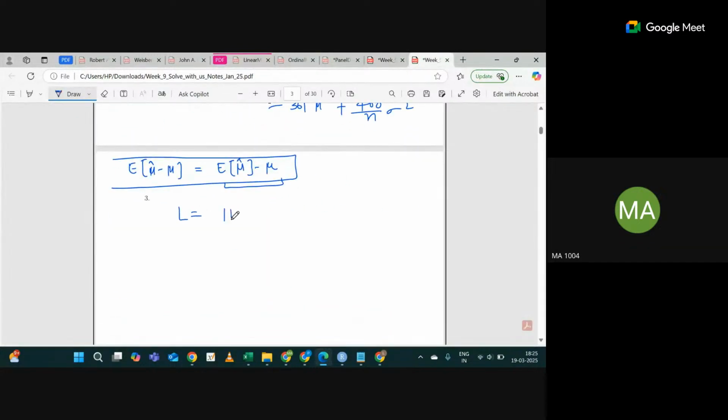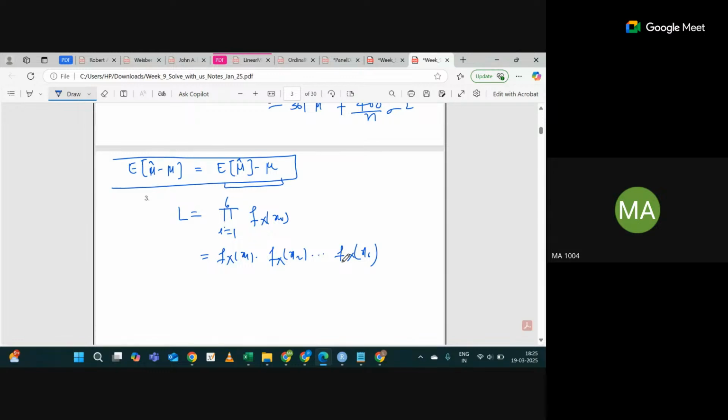So what will be the likelihood? Product of i equal to 1 to 6 of fx of xi. Just do fx of x1 into fx of x2 and so on up to fx of x6, and at the end you can substitute the value of each xi.